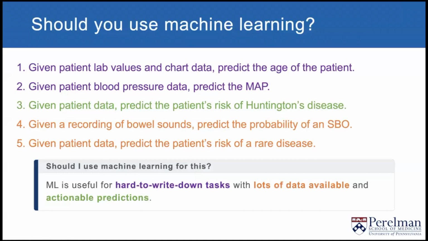But the main takeaway is that ML is useful for hard to write down tasks, so things that you can't easily compute, or computers can't easily compute, with lots of data available, and that also generate actionable predictions. These are the three-ish requirements that maybe aren't sufficient, but are definitely necessary for you to be able to use ML, in my opinion. So: hard to write down tasks, a lot of data available, and you can actually generate actionable predictions. Those are the three takeaways.